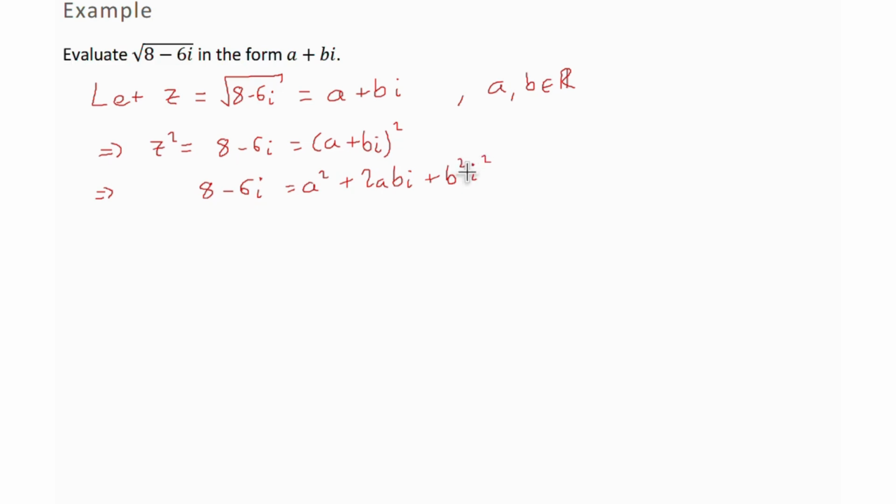But i squared is equal to -1. So this is telling us that 8 minus 6i is equal to a squared minus b squared, collecting the real bits, plus 2abi.